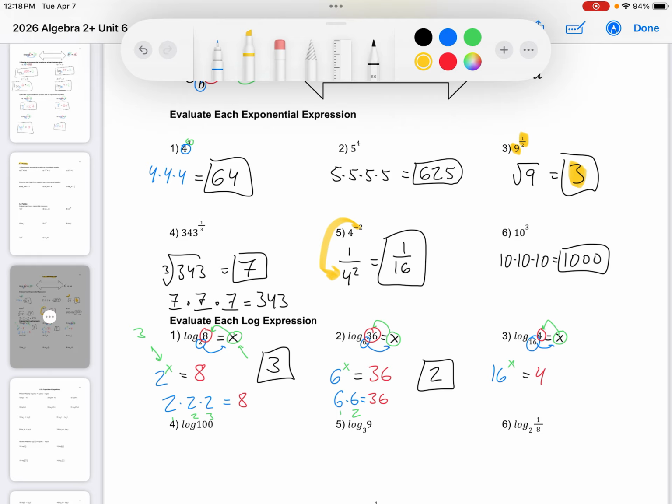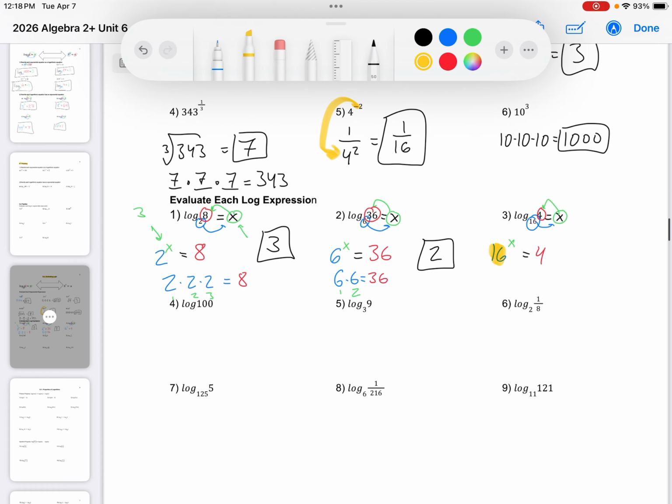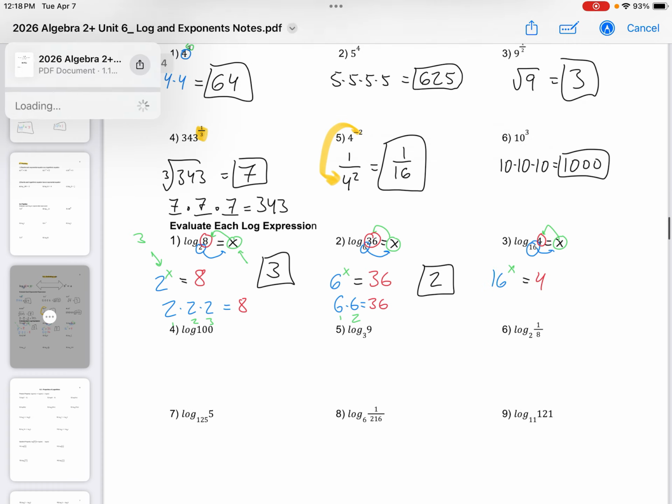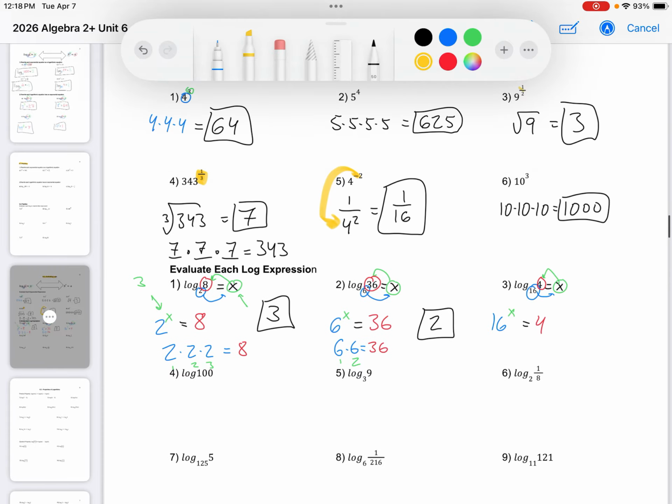Right, we did 9 to the power of 1/2, that equals 3. 343 to the power of 1/3 equaled 7. So if we are trying to take our base and make it a smaller number, like we are for 16, where we want to make it 4, we're going to need to have a fraction as our exponent. Something like 1/3, 1/4, 1/2, something along those lines.